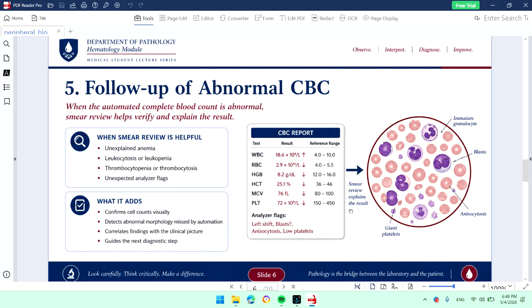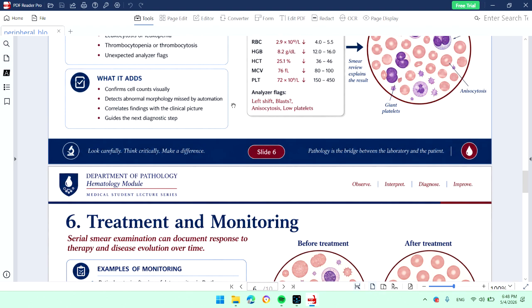For example, if platelet aggregation has occurred due to a technical error, then you will find that this low platelet number is corrected if you study it on a slide.